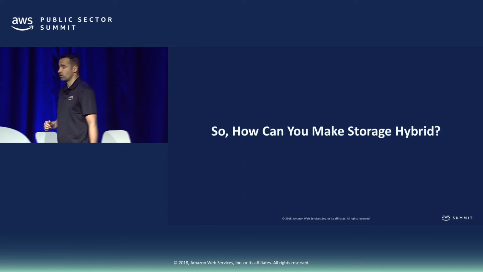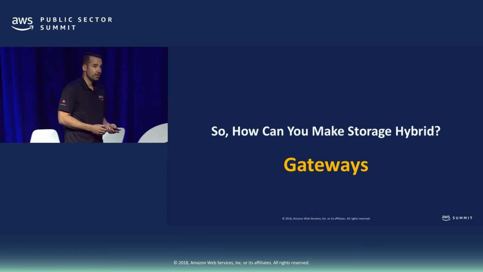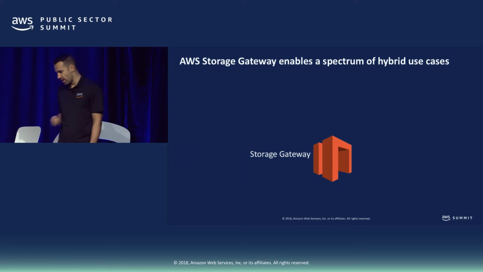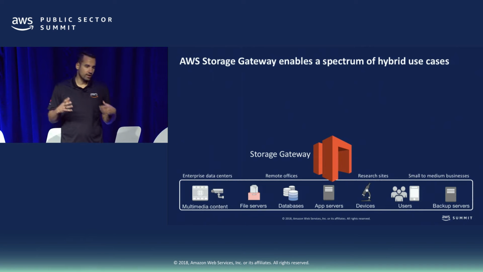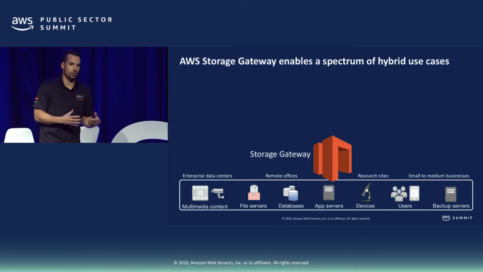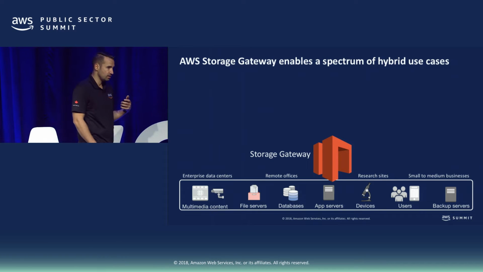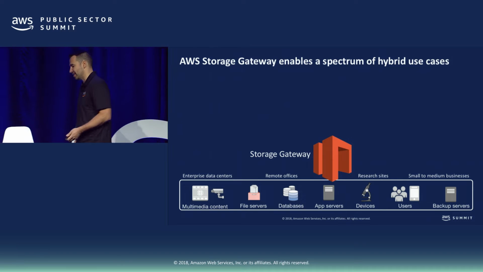So how do we make storage hybrid? The easiest way to do that, there are a number of different ways, is through gateways. When we introduced Storage Gateway back in 2012, we were looking at what type of data consumers would be able to leverage this service. And obviously, in the data center and outside the data center, there are many different ways of creating data.